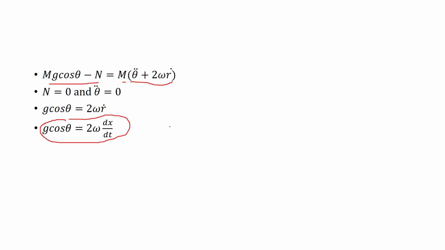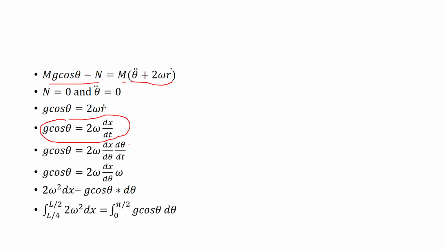Now after this it is exactly similar to what we have done earlier. We will rearrange dx by dt as dx by d theta into d theta by dt, and we will substitute the value of d theta by dt as omega, and finally we will put the limits, since the insect is moving from L by 4 to L by 2.